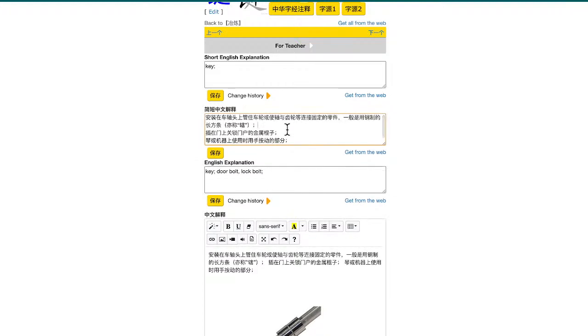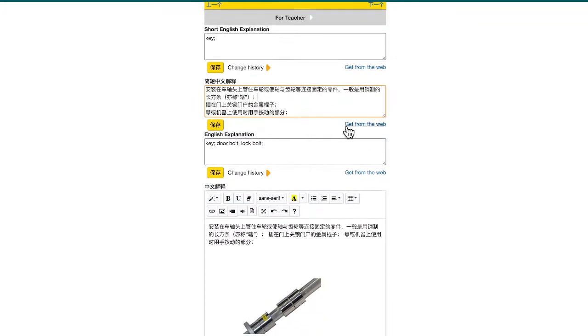For example, a very common one is a piece in some of the locks on doors. There's a little piece of metal rod, and you stick it in, and it will lock the door. That kind of thing is called 键.